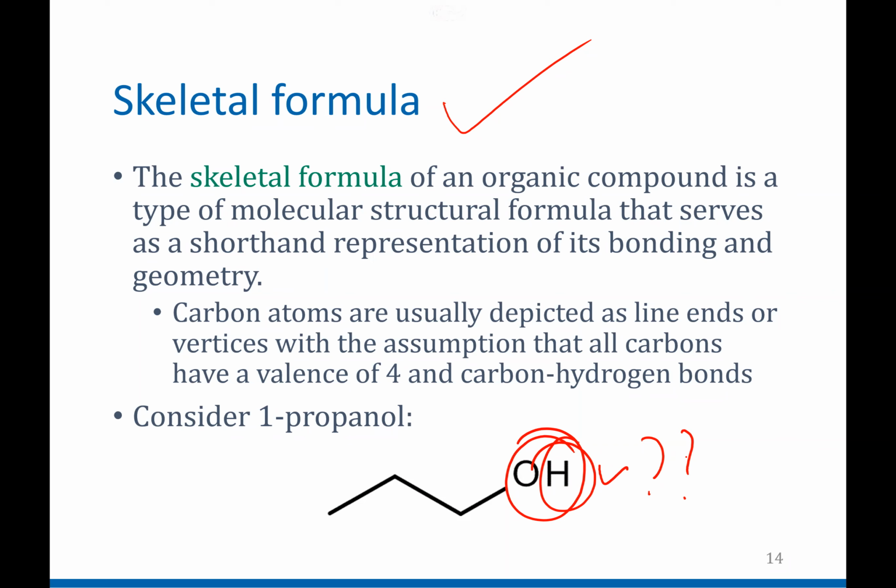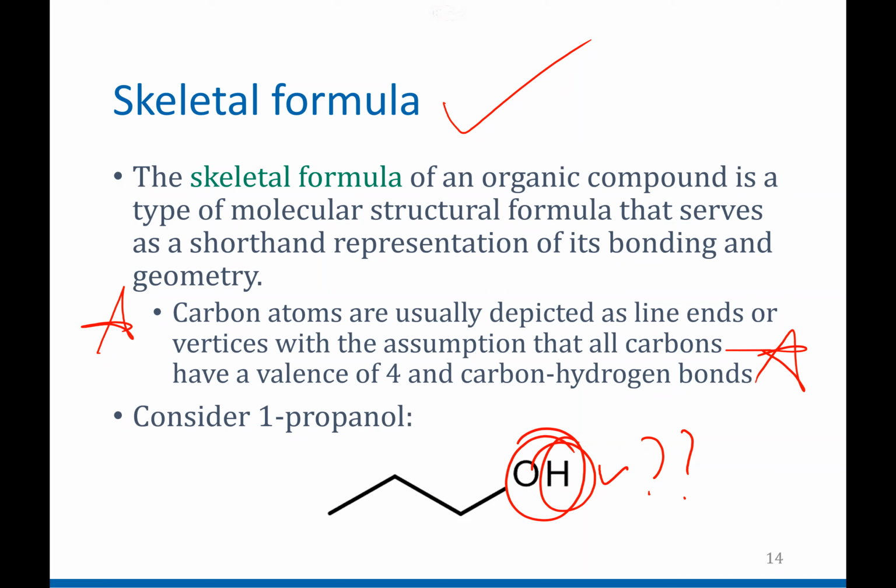And this is going to sound like a complicated definition, but it's really quite easy once I get into this and show you how to do it. Carbon atoms are represented as the ends of the lines. In math, you would call them vertices.